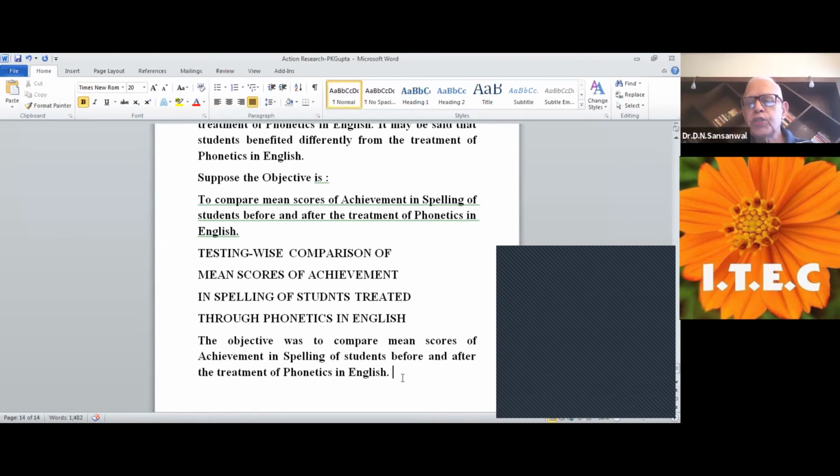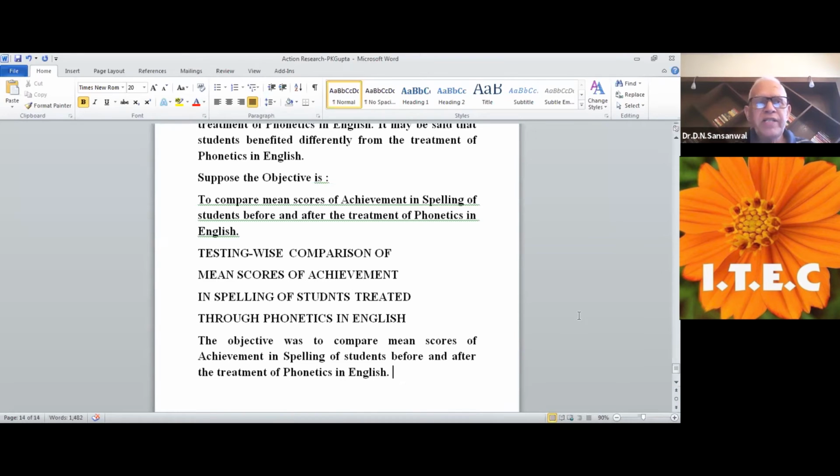I think those teachers who are attending, please help your students in translating it in Hindi. I'm sure you will help me because I am not able to translate everything in Hindi because it takes time. I think you can do it.